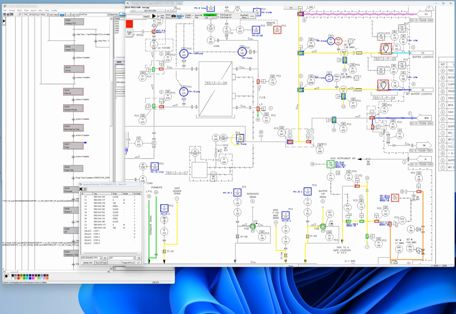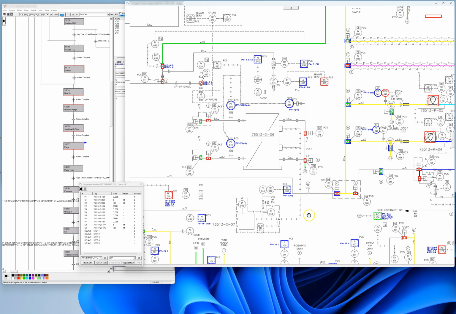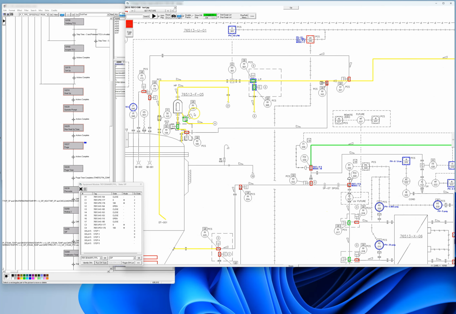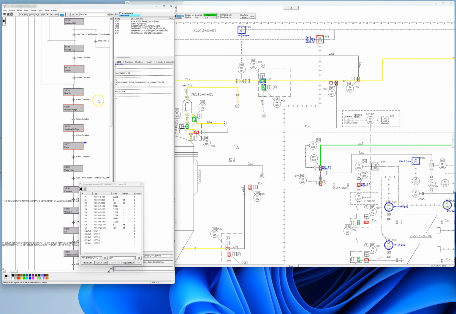Okay, so basically at this point, when you set this to SIP, it's purging the airline. It's steaming the airline, because the airline goes from here to up here. Before this, I believe these two valves were closed. Now it's purging the airline. So you can see it. So I'll do a few more steps.